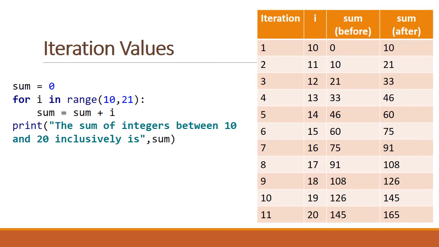After sum equals sum plus i, sum has the assigned value 10. Now the second iteration, i is assigned the value 11. Sum is equal to 10. Sum is assigned sum plus i is executed. The computer adds 11 plus 10, assigns it to the variable sum, and so sum contains the value 21.